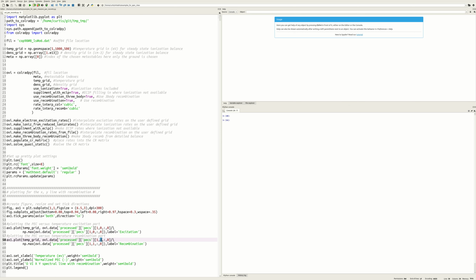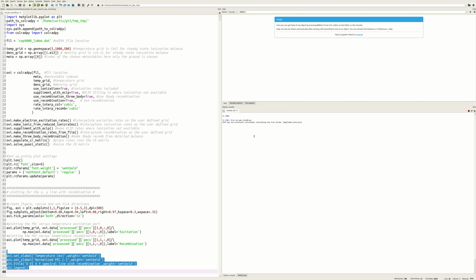And so an index of 1 here corresponds to the ground of the hydrogen-like oxygen system that is actually doing the recombining. And so in each of these, they are going to be normalized to their max value. This is just because excitation rates and recombination rates can be pretty different, so this is just helpful for plotting. And then what's left here is just some plot decoration.